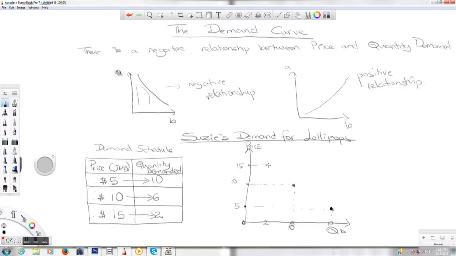So $15, 2 lollipops. And we connect these dots to give us Susie's demand curve for lollipops. As you can see, the demand curve is downward sloping because there's a negative relationship between price and QD. And this is Susie's demand curve for lollipops.